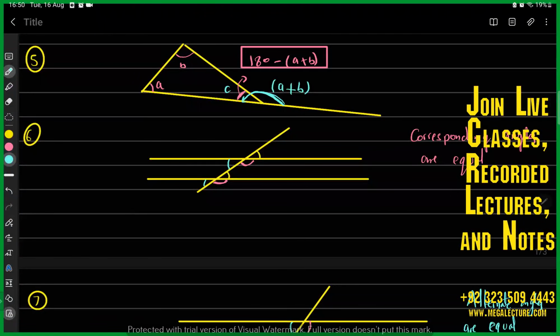So sum of angles on a straight line is 180 degrees. This would mean that this angle right here is going to be A plus B. Any confusions with the fifth one?